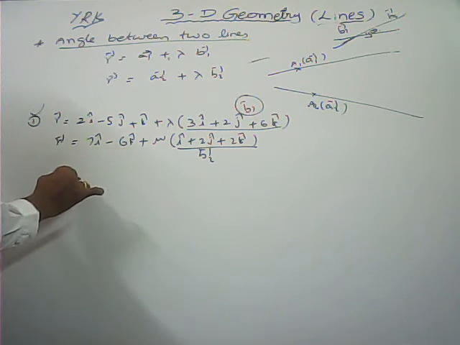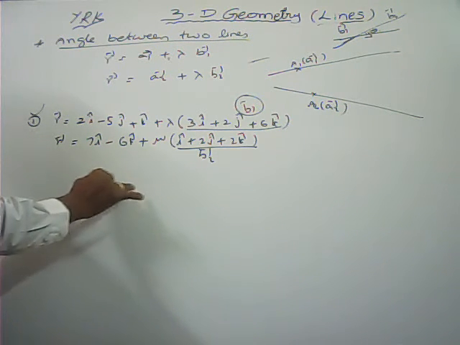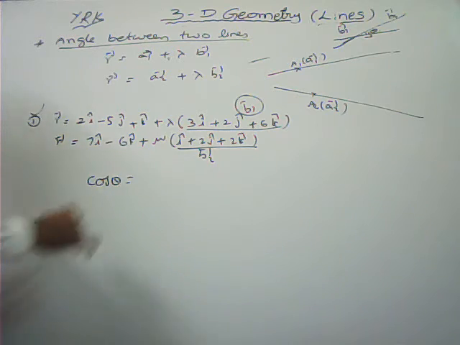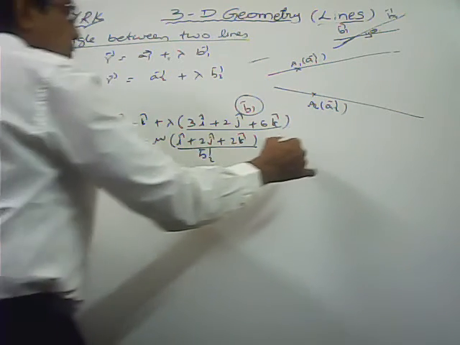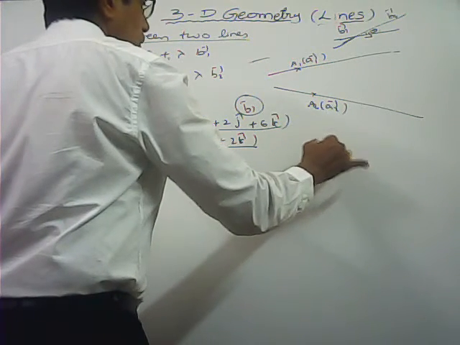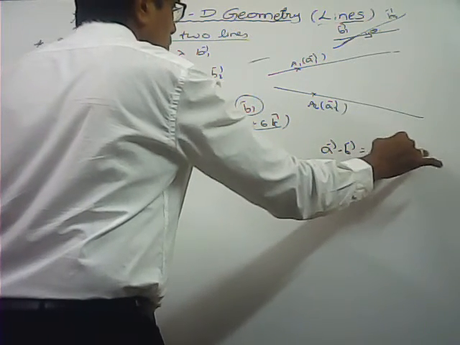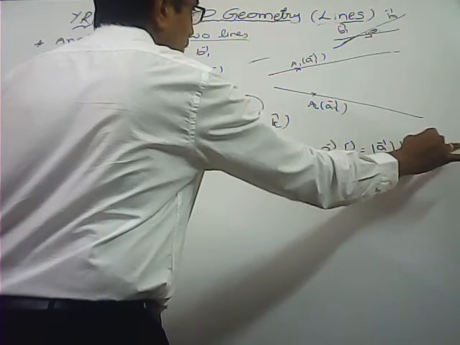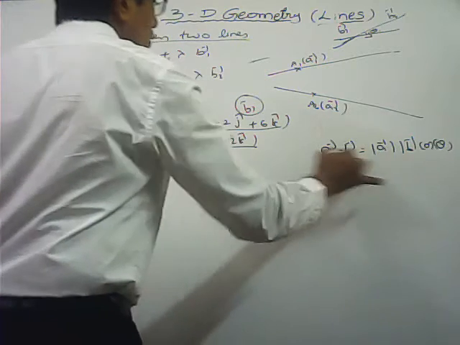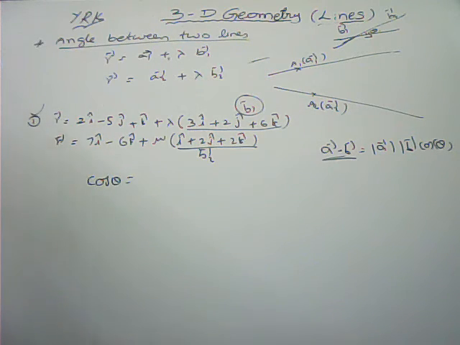So cos theta is equal to, what is the cos theta formula? We have done it previously: dot product A bar dot B bar is equal to modulus of A bar into modulus of B bar cos of the angle between the two vectors A bar, B bar. If I take theta, cos theta only.